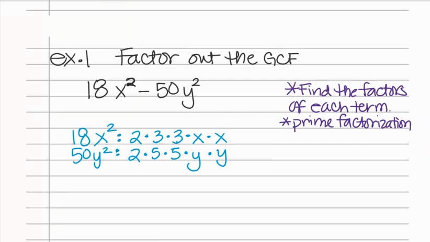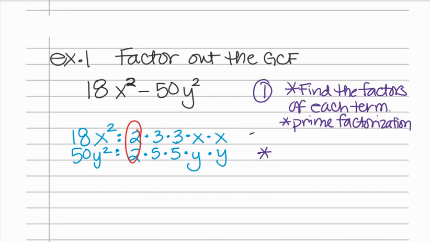So now we're going to go through and we're going to find the greatest common factors. So which factors do these two terms have in common? Well, they've got a 2 in common and nothing else. So nothing else is in common. So what's going to happen is we're going to divide a 2 out of this expression.